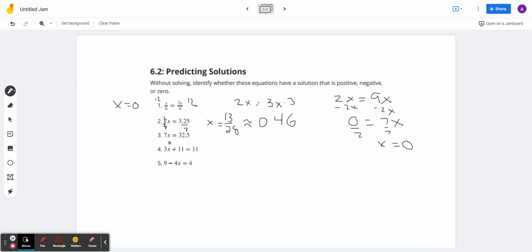Then over here, we have 7x equals 32.5. So divide both sides by 7 to get rid of the 7 times the x. Divide both sides by 7 there. 7 divided by 7 is 1. So here we would get x is equal to 32.5 divided by 7.